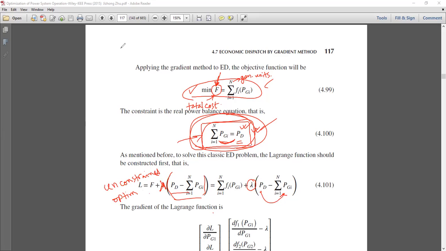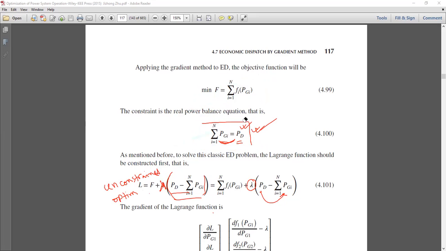So now we go to the first step of our gradient descent algorithm. What is the first step? Calculating the gradient. How many unknown variables will be here? If there are n number of generating units, how many unknown variables are there for my optimization problem? Can anyone tell?